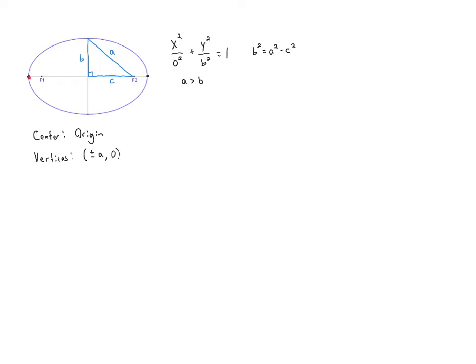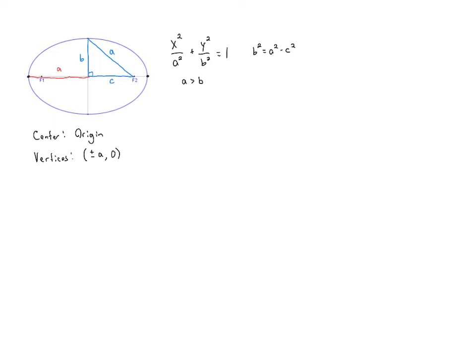So this distance actually is also a. a isn't just the hypotenuse of this triangle. a is also this distance right here. And of course the same on the other side, but I don't want to draw it there because that part's already getting a little bit crowded. So the vertices are at the points a, comma 0 and negative a, comma 0.